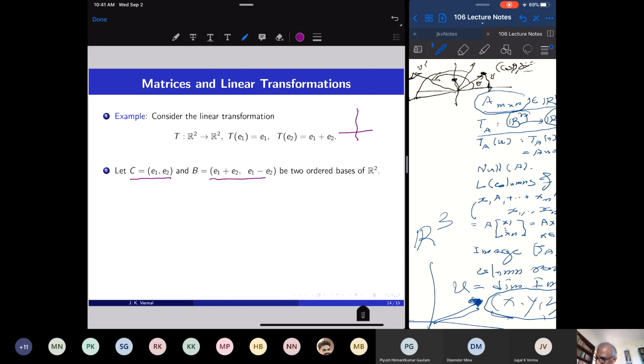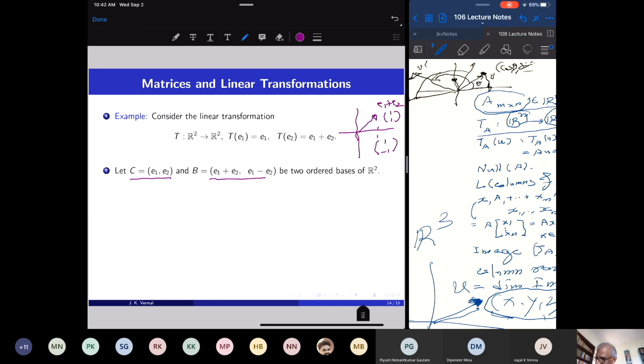So what are these bases? E1 plus E2 is this vector (1, 1), and E1 minus E2 is the vector (1, -1). Where is (1, -1)? The x coordinate is 1 and the y coordinate is minus 1.